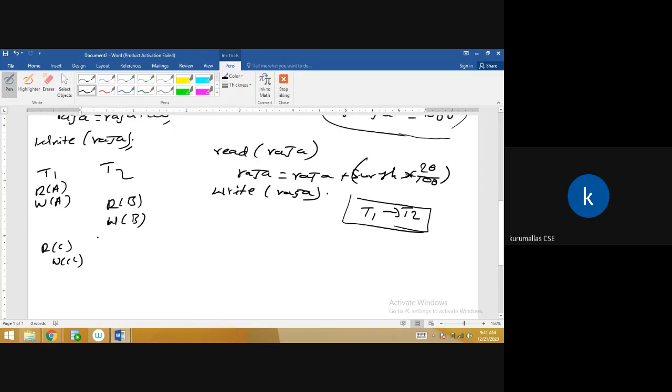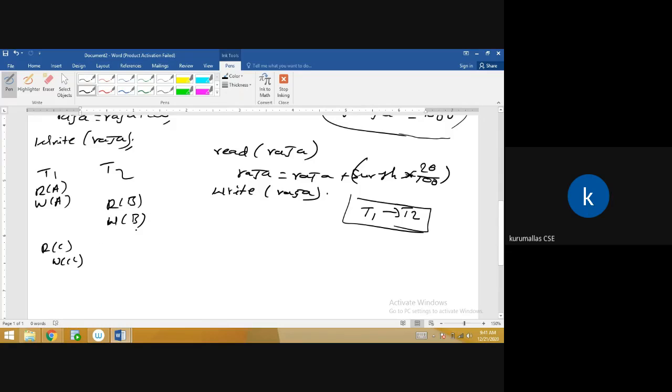This schedule is executed row by row, and it does not contain any commit or abort actions after these two transactions. No commit and no abort actions are there in T1 and T2. So this is not a complete transaction.